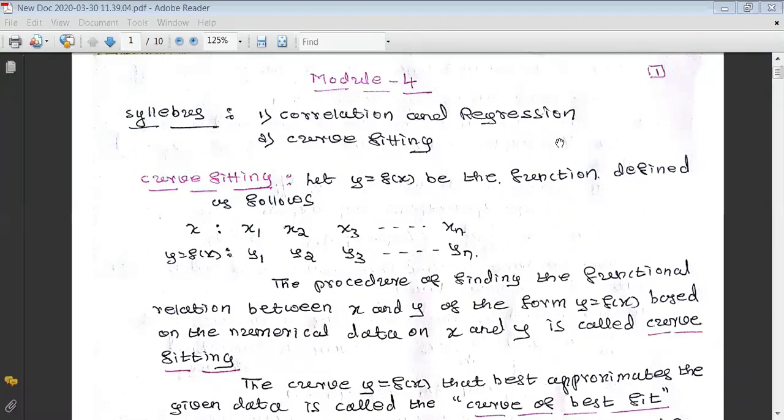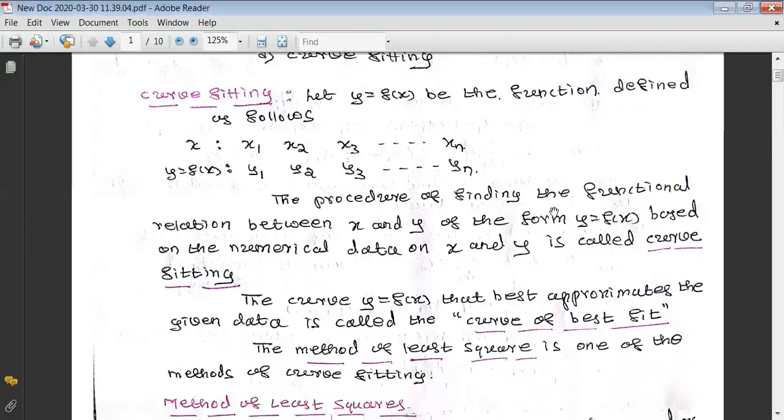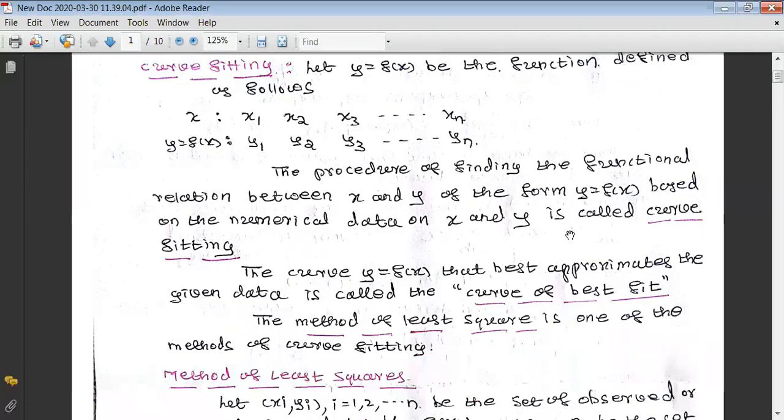Suppose we have a function defined in the tabular form rather than the functional form, then the procedure of finding the functional relation between the two variables x and y in the form y equal to f of x, based on the numerical data on x and y, is called curve fitting.